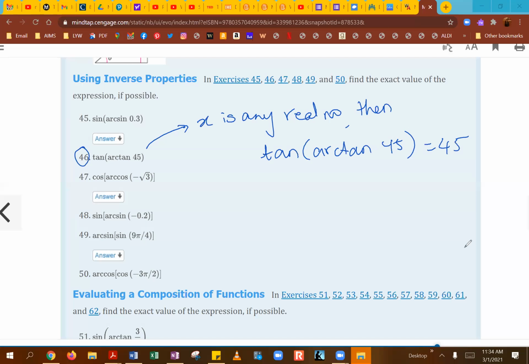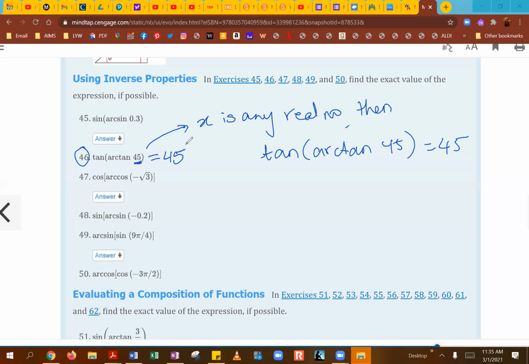And since we say this is a real number, this can be a positive number, a negative number. It can be zero. Technically, it can be a fraction, something with pi in there, any of those, as long as it's a real number, it will satisfy this requirement. So, no restrictions, and you get 45 as your answer.